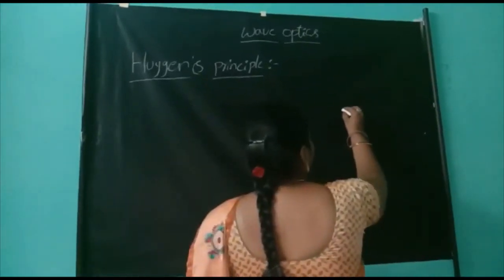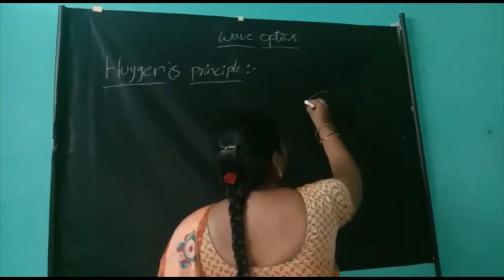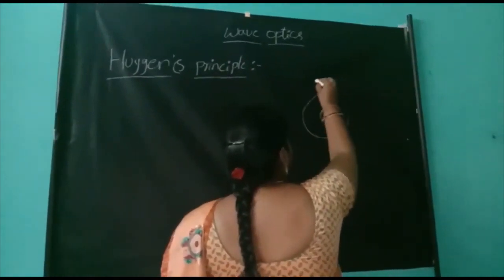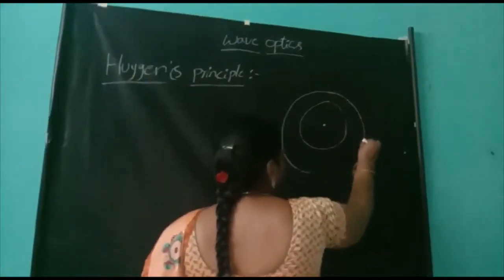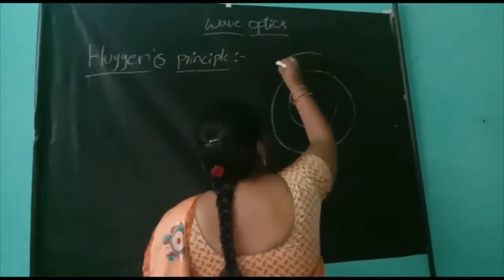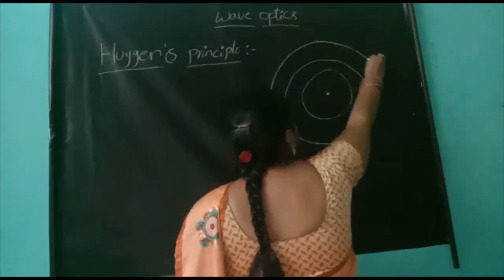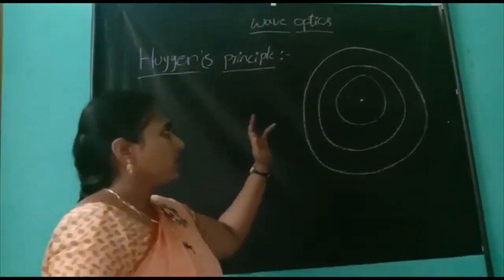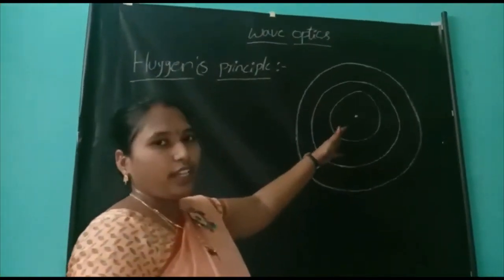If you observe this point of disturbance, around it in a circular shape, these wavefronts will be created.